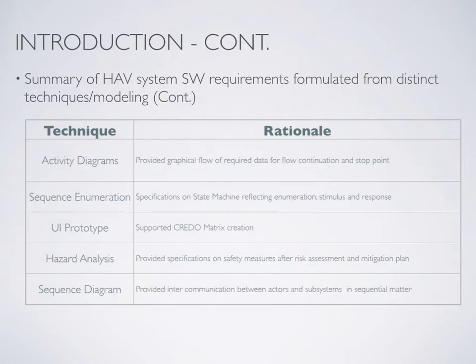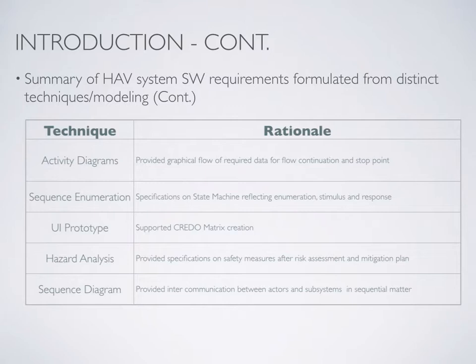I also use activity diagrams. Provided me with kind of the graphical flow, of course, of the required data for flow continuation and stop point. I used the sequence enumerations. These are specifications on state machine reflecting enumerations, the stimulus and the response.